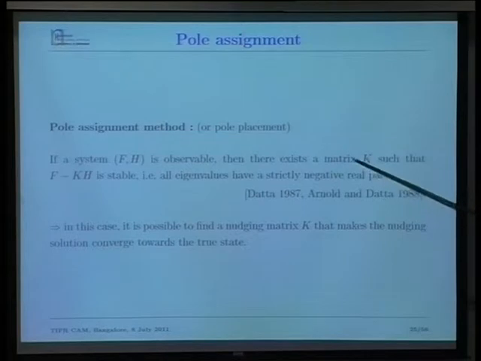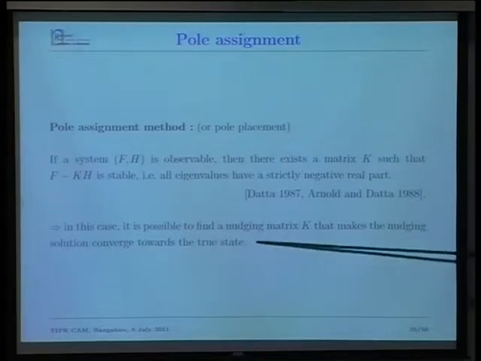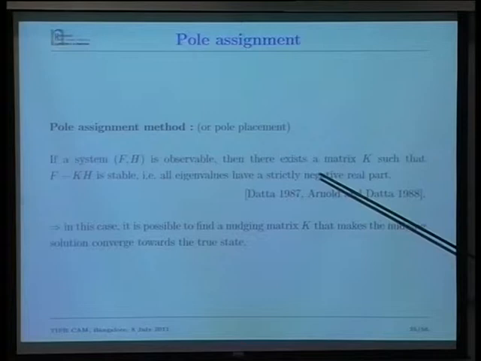In this case, it is possible to find a nudging matrix K that makes the nudging work, and you have the nudging state converge to the observations, to the true state. The problem is that usually it's difficult to compute this matrix. You have an existence result, but it may not give the construction of the matrix K. But you know that you can make it.